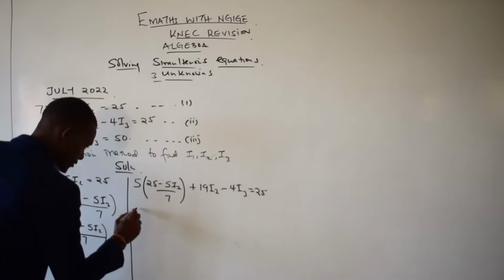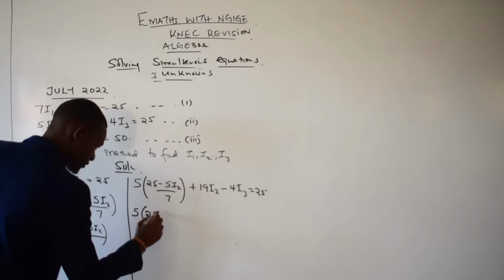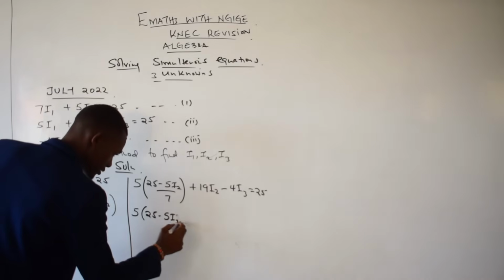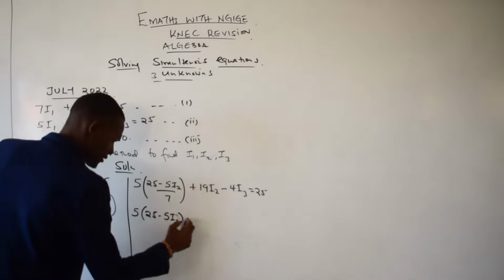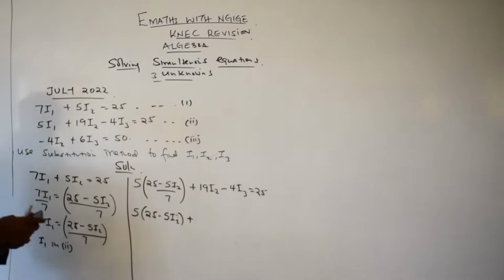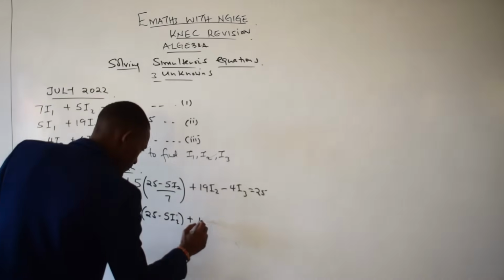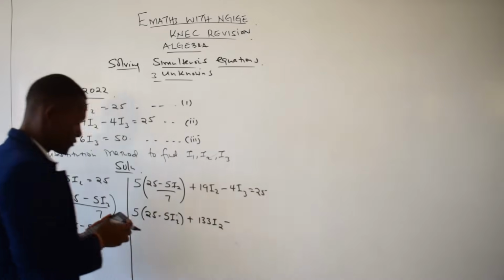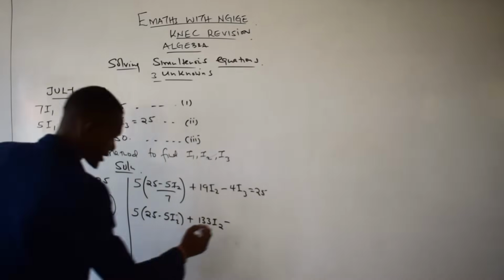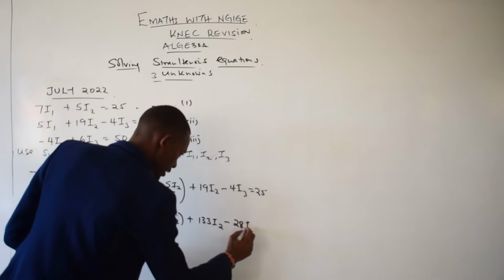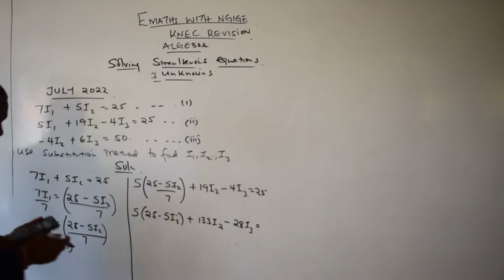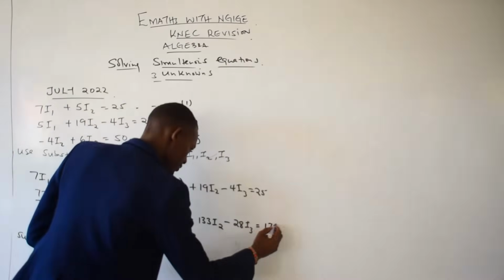So here we shall have 5 times 25 minus 5I2, where 2 is a subscript. Then we have 19 times 7 gives us 133 I2, minus 4 times 7, 28 I3, then 25 times 7, we have 175.